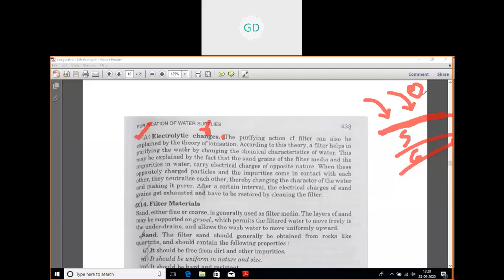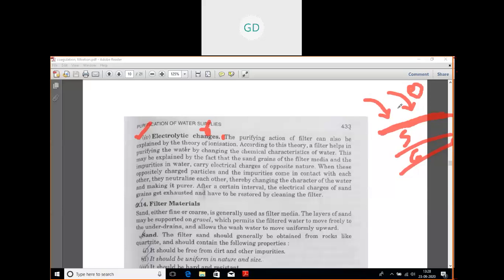So those two contain opposite charges, opposite in nature.